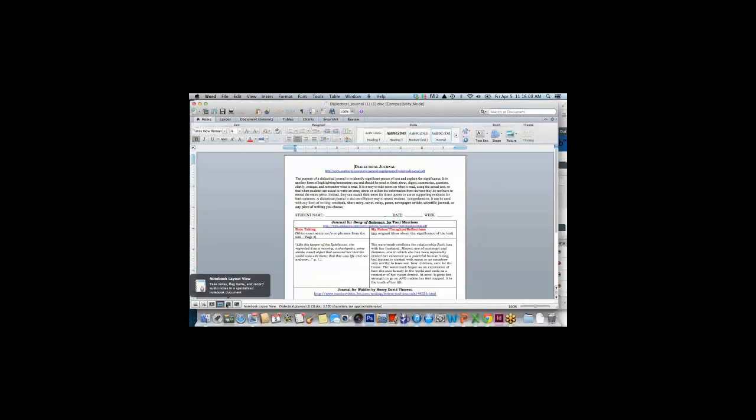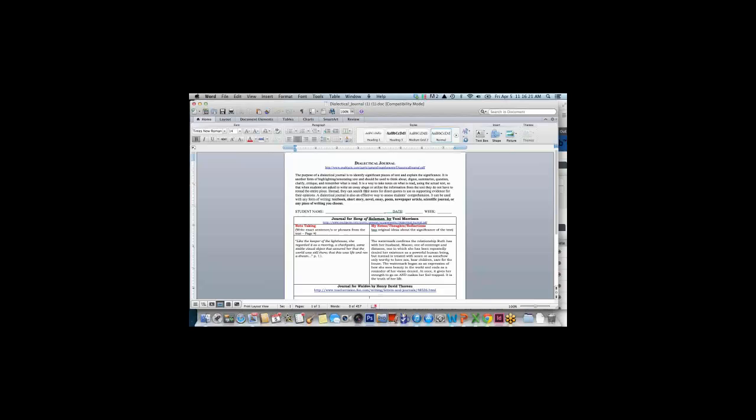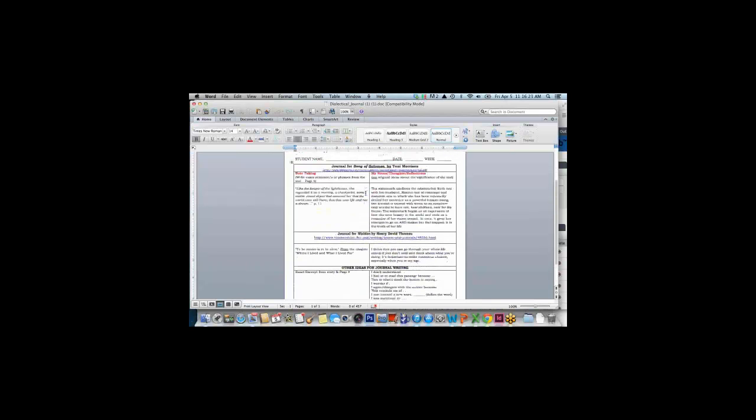We actually read several stories. In our college this year, we had one college read, and we read The Art of Racing in the Rain by Garth Stein. In that particular book, I asked them to use dialectical journals. I give them this handout at the very beginning, and it models how to do a dialectical journal.